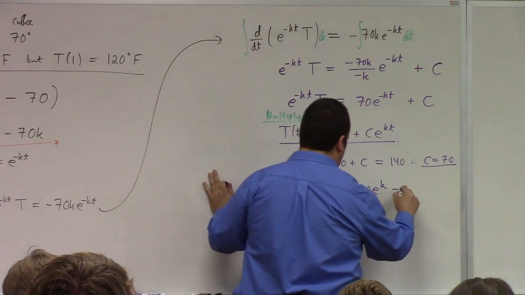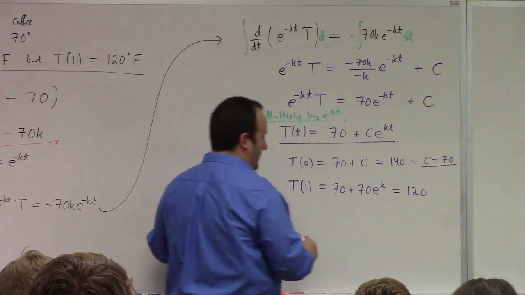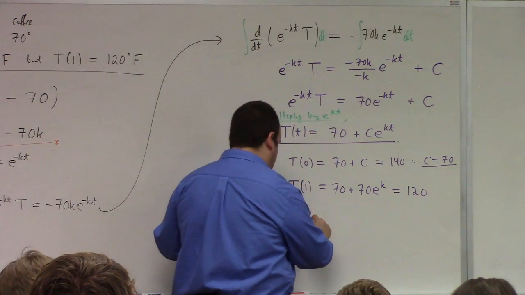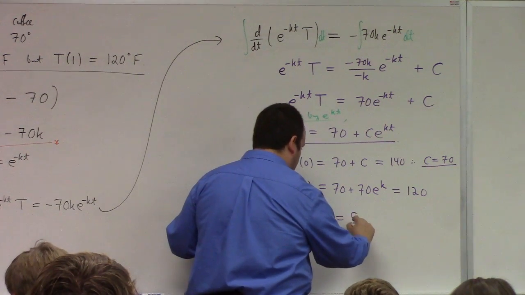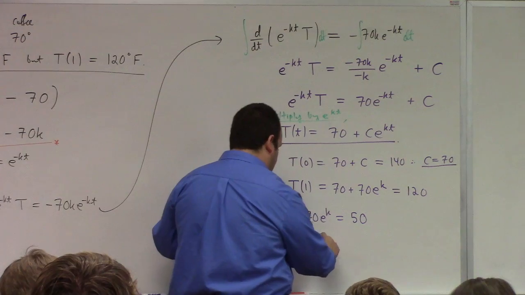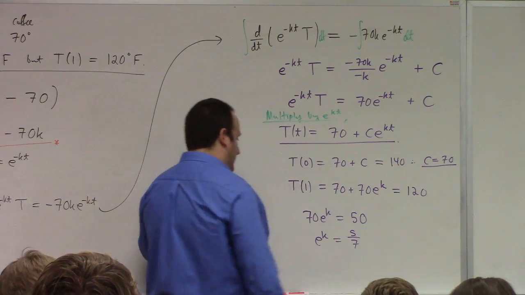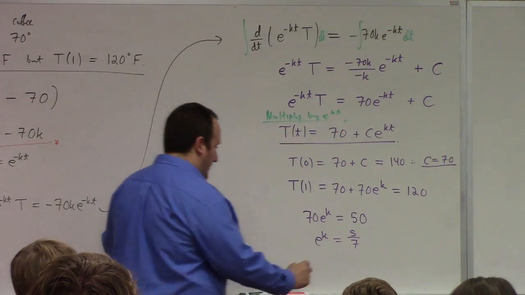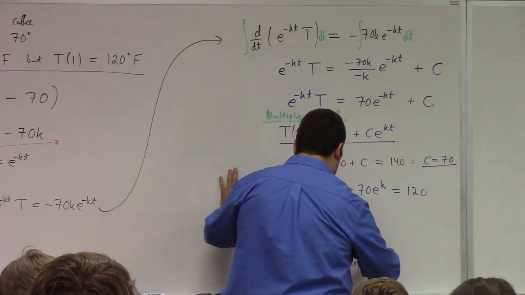And that's all equal to, what did I say, 120? So that gives me 70 e to the k is equal to 50, or e to the k is equal to 5/7. So apparently, k is the natural log of 5/7.